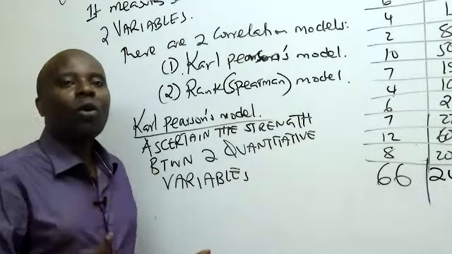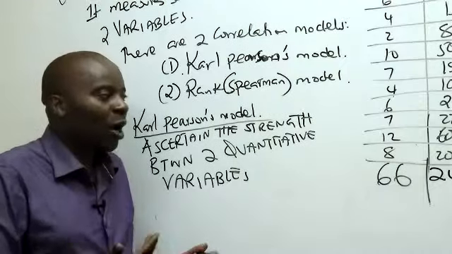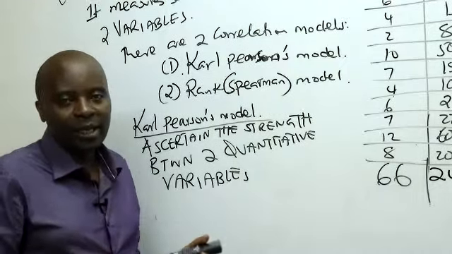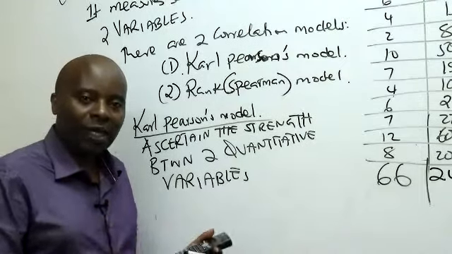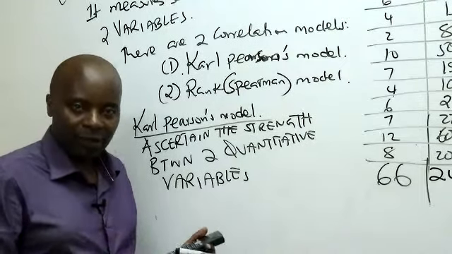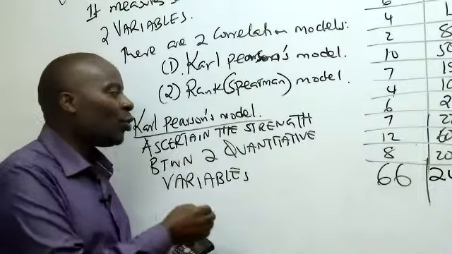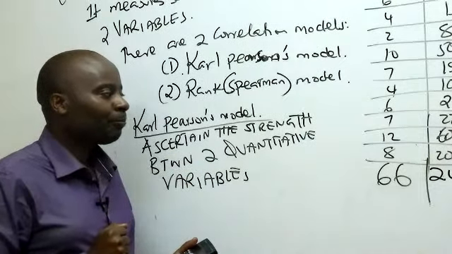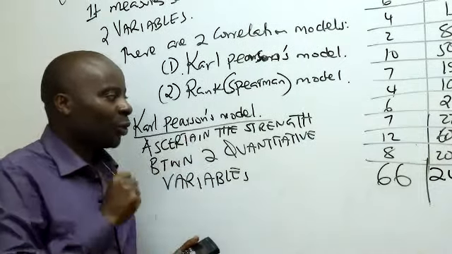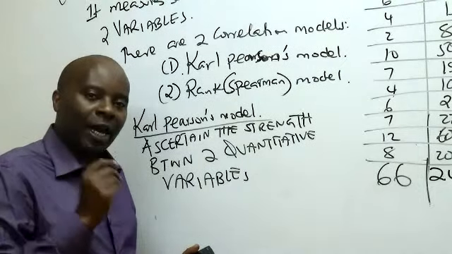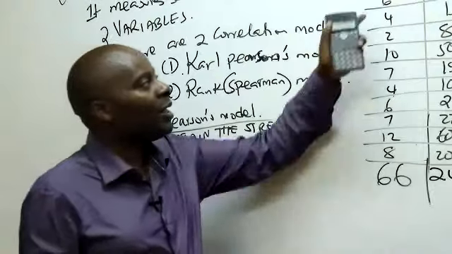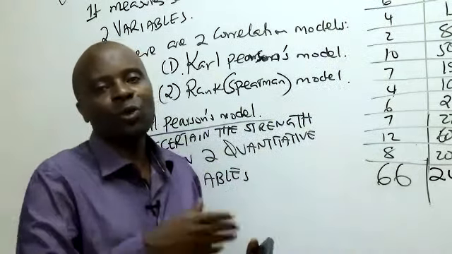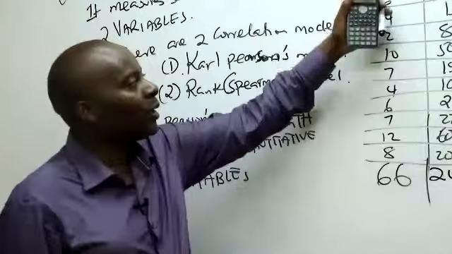Count or measure. If, for example, I want to know how heavy I am, what I need to do is to get a weighing scale and weigh myself. So when you want to get the numerical strength between two quantitative variables, like here we have years of experience, you count the number of years, so these are quantitative variables.